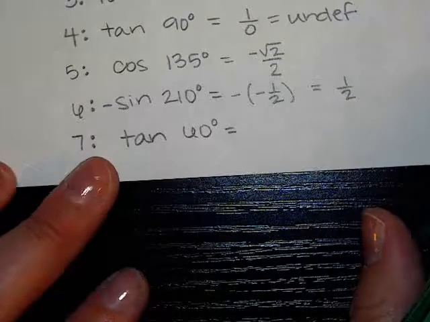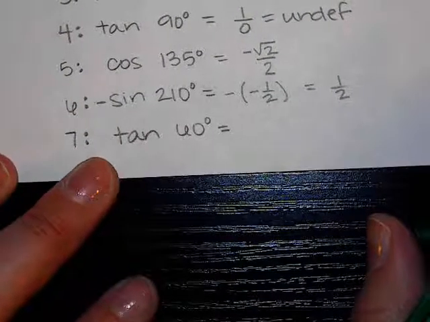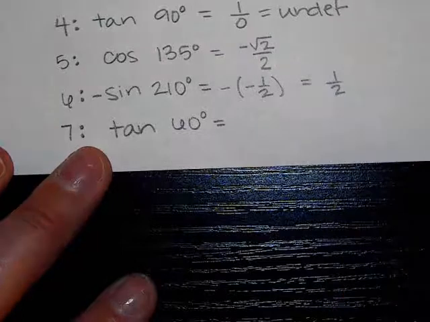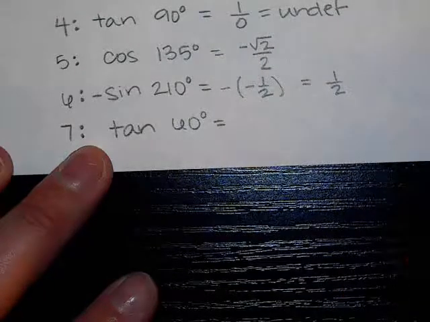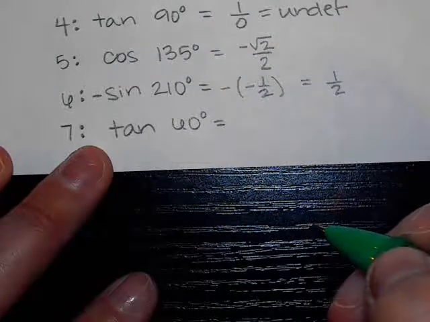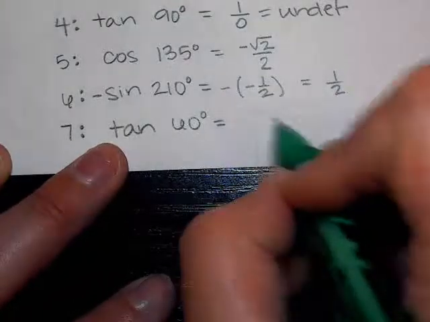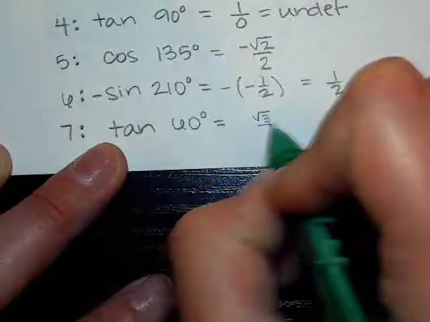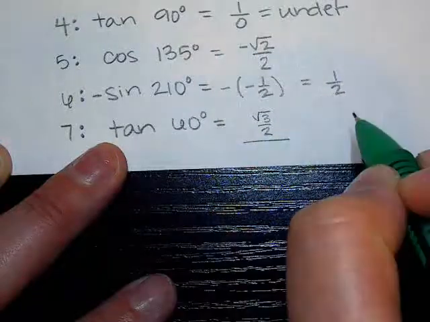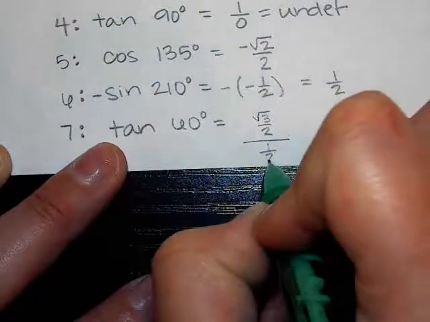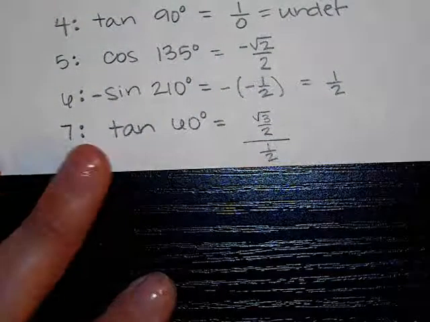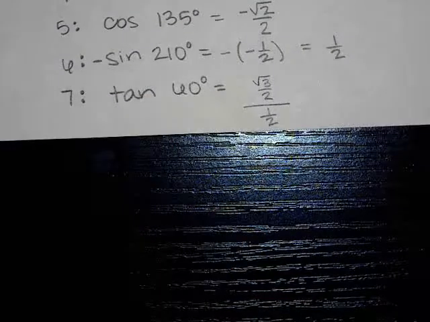So we have y divided by x, right? So we have root 3 over 2 divided by 1 over 2, right? How do we divide two fractions? Multiply by the reciprocal. So this becomes root 3 over 2 times 2 over 1.